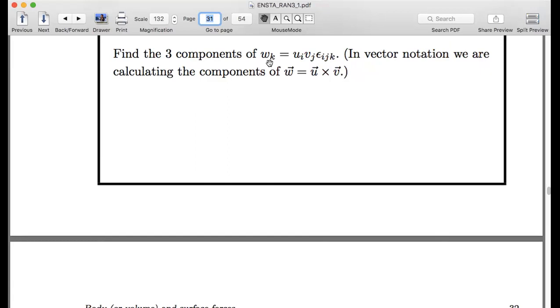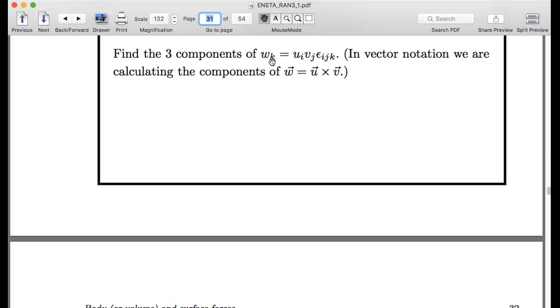If we lived in a 2-dimensional world, which you can imagine sometimes, when you're just calculating things on a flat plane, then that index would just take 2 values. But in most engineering applications, we're in a 3-dimensional space. So our vectors have 3 components. So k takes the values 1, 2, and 3 to correspond to the 3 different directions.